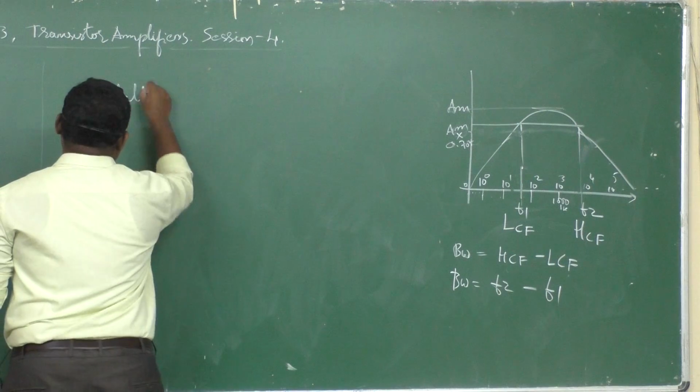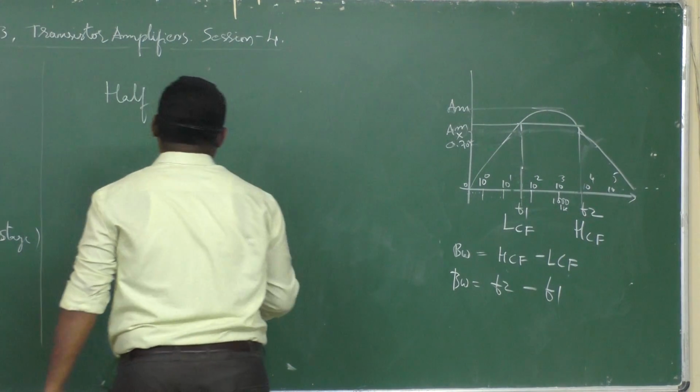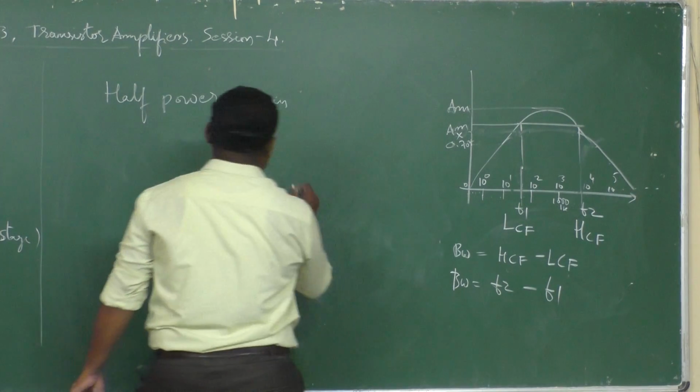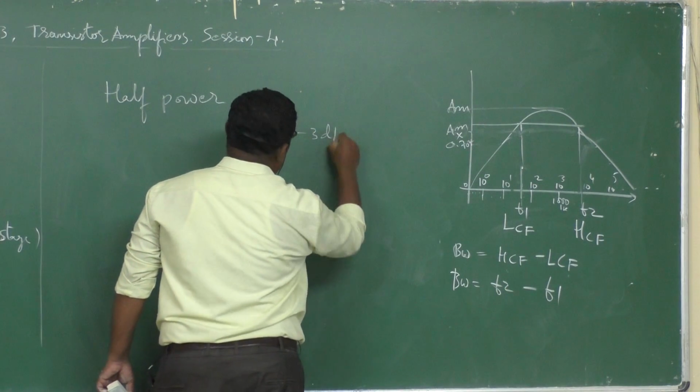What do you mean by half power gain? Half power gain means minus 3 decibels. The power has reduced. Half power is nothing but minus 3 decibel gain.